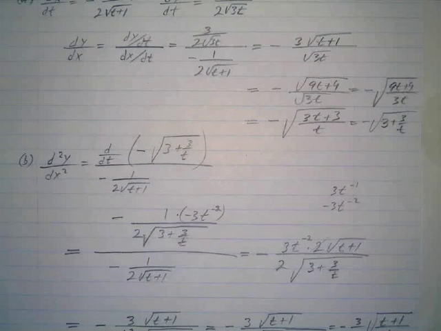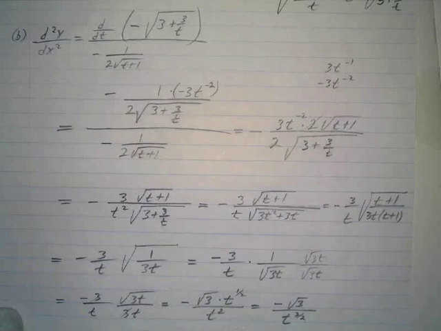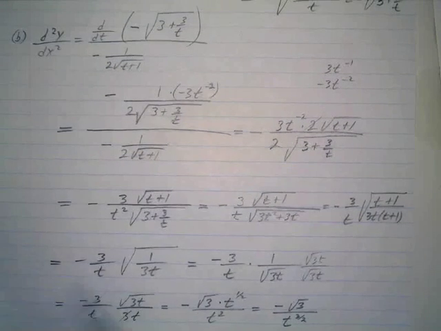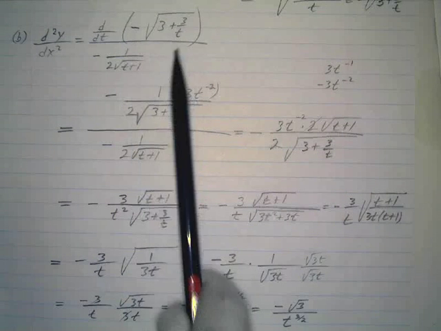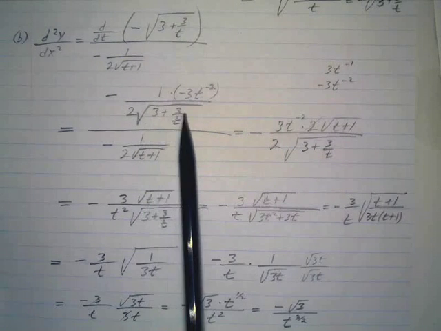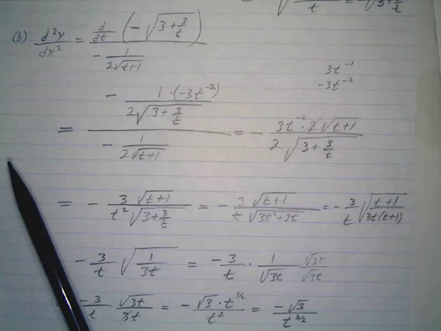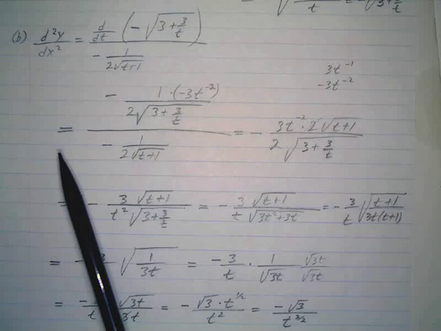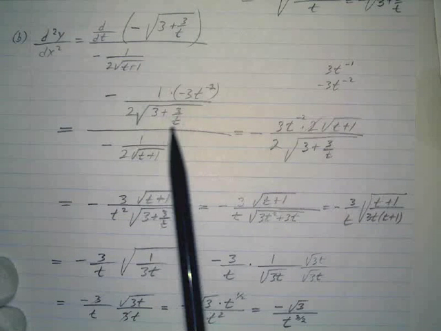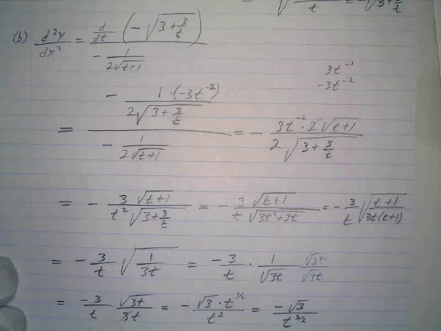Again, I use the square root rule. Follow all this, a lot of arithmetic here. So that's just going to be negative sign, and that's going to be 1 over 2 times this square root here, times the derivative of the inside here. And the derivative of this was just going to be negative 3 over t squared, and I just brought it up as a negative 2.